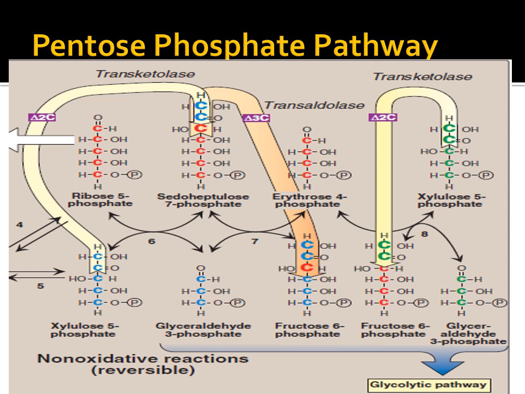Then your xylulose 5-phosphate would turn into your glyceraldehyde 3-phosphate. Then your fructose 6-phosphate, and your glyceraldehyde 3-phosphate. Your last products would be familiar because they are products as well of your glycolytic pathway.